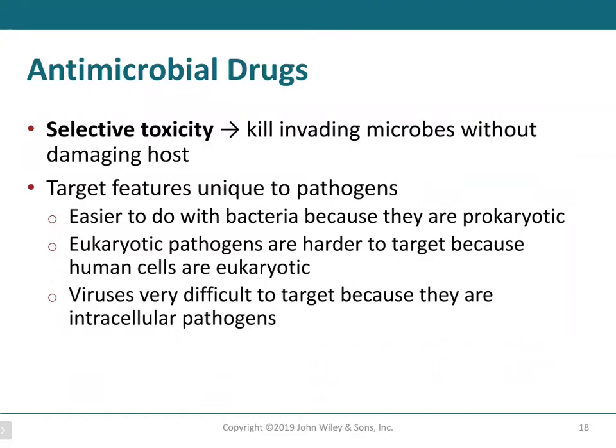Now, viruses are also very difficult to target because they are intracellular pathogens. They enter the host cell itself, and when they do, we cannot use antibiotics there, because antibiotics should only work outside of our own cells. If it penetrated inside our cells, it can kill us as well.